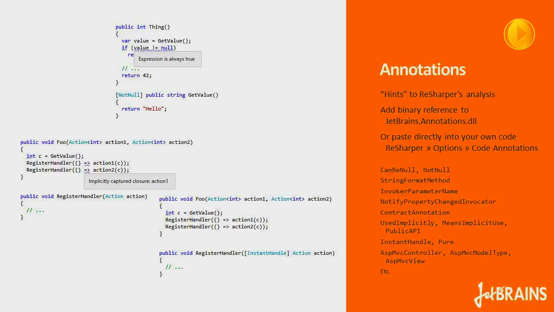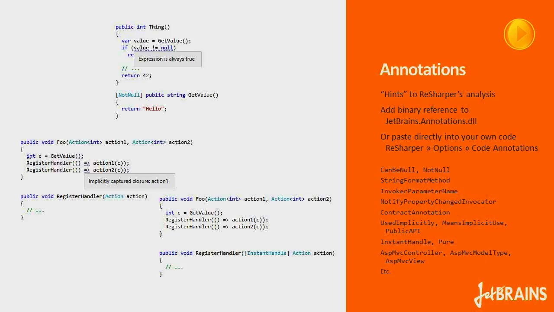The second example is a bit more interesting, and it's the implicitly captured closure message. What this is saying is that we have two lambdas here, both being passed to register handler. We've got action 1 and action 2. These are being passed in as parameters to the method, and they get captured into a closure by the C# compiler, but they get captured into the same closure.